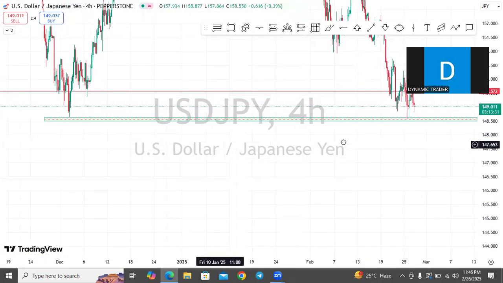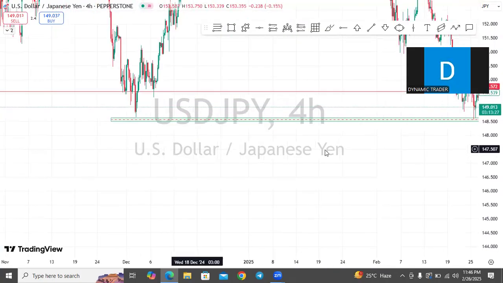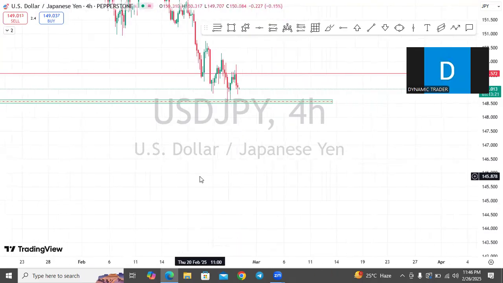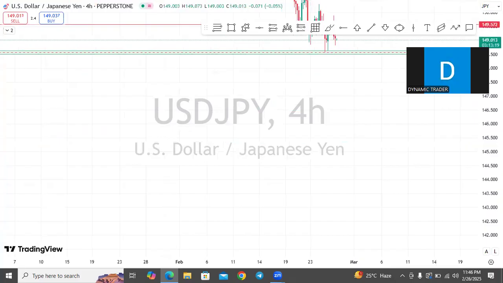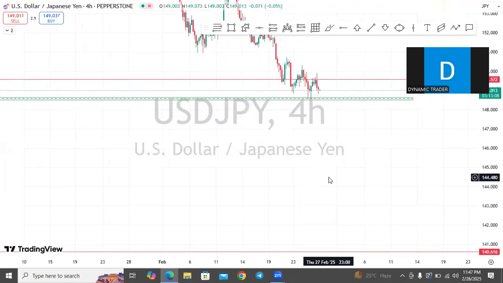So before we can practically say that we've gone bearish totally, it is when we break, on the 4 hour time frame, below this structural low. If we break below it, then we're melting to the downside.